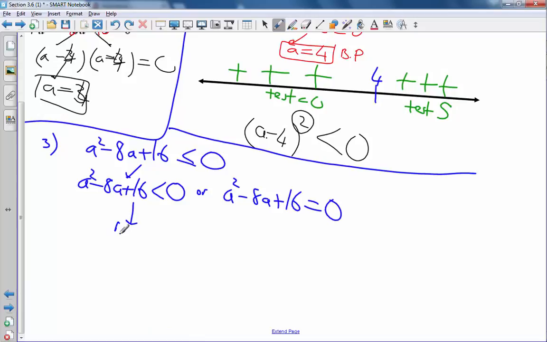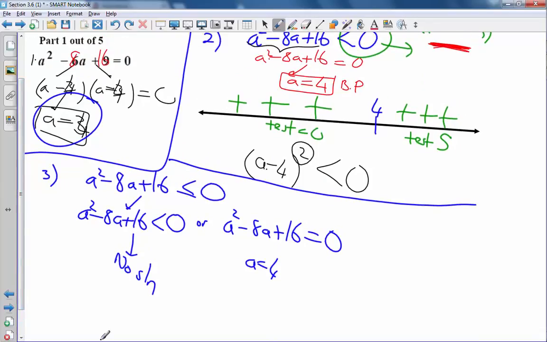I know this has no solution already in part 2. Can this be 0? Are there any values that make this 0? Yes, 4 is the only one. We already experienced that in part 1. Well, if you want to do this the ordinary way, this is what you're supposed to do.